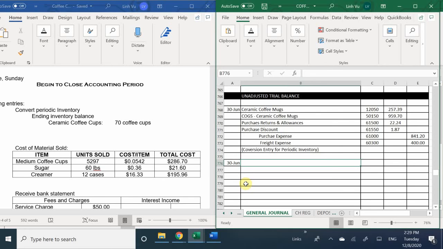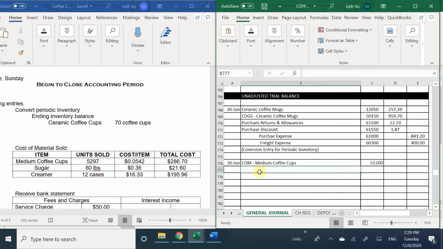So how are we going to journalize this? First, let me put my date here so I can put the right column. All right, so are we doing the medium cups first, which would be the COM medium cups, right? Okay. And that account number is 51200.